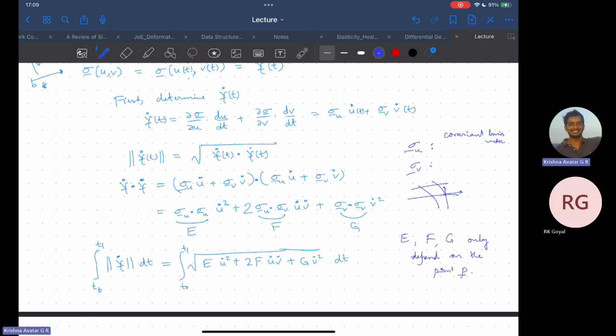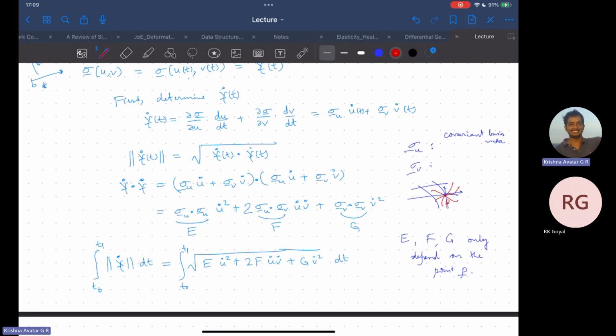It doesn't matter how you approach the point, whether the curve happens to be like this or any such, as long as it passes through this point P. So E, F, and G do not depend on any curve per se on the surface, but they only vary from point to point.